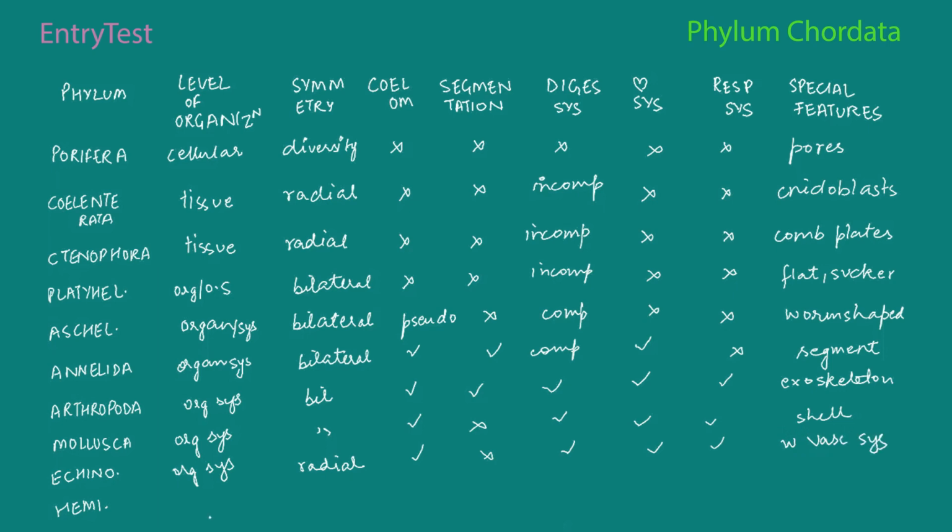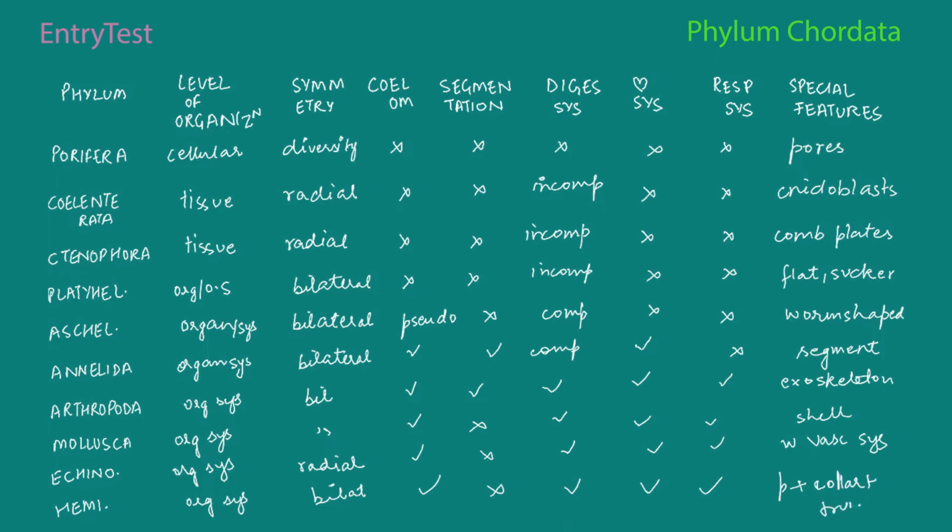And the features of Hemichordata are that they have an organ system level of organization. They have bilateral symmetry. They are coelomates. There is no segmentation in them, and all the other features are there. The special feature is that they have got a worm-like proboscis, a collar, and a trunk.